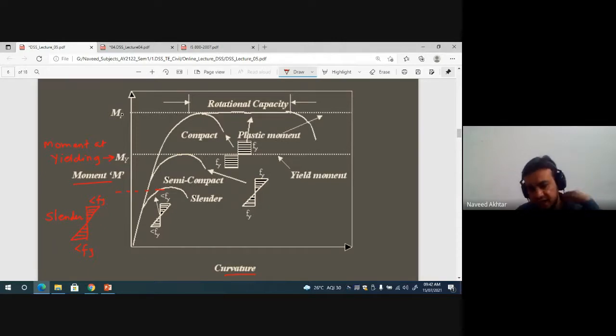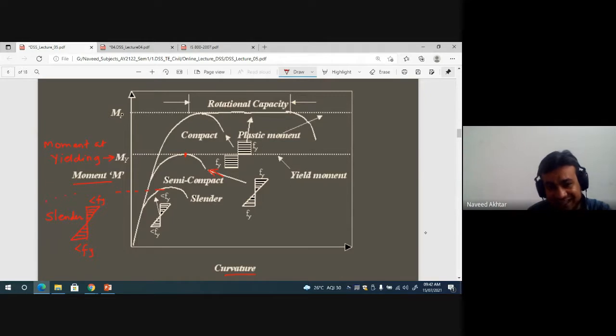So if you are asked about the stress diagram for a slender section, you have to make the diagram I have just told you. And if it is asked what the stress diagram is at yielding, you can see here this graph. When the section fails at yielding, this is your My, the maximum limit.